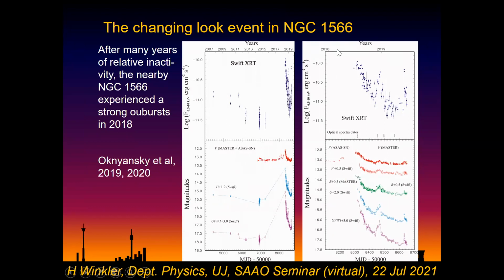And so they've also been looking at NGC 1566. And what happened here, you can see the years 2017, 2019, and very suddenly in 2018, we had an outburst over here. Before that, very little activity, but then suddenly quite a dramatic outburst.